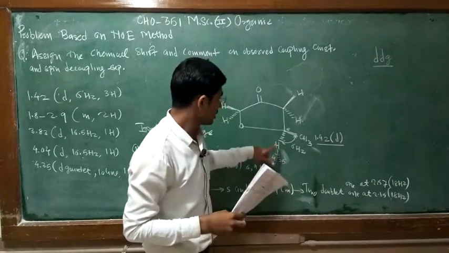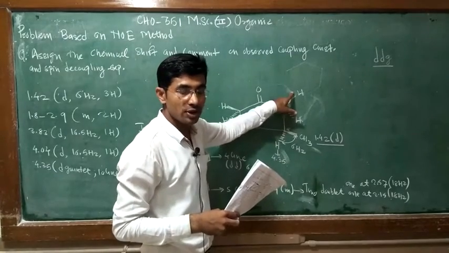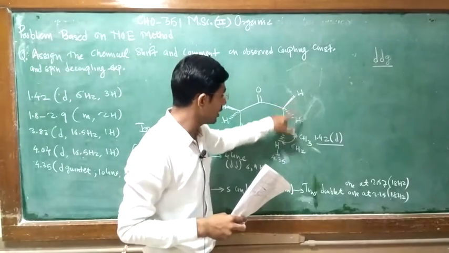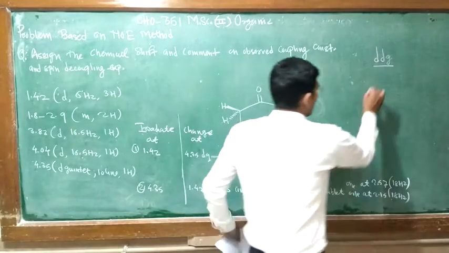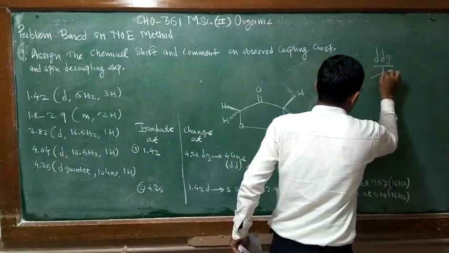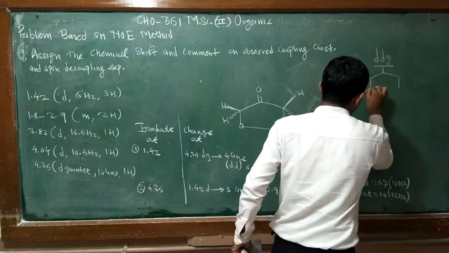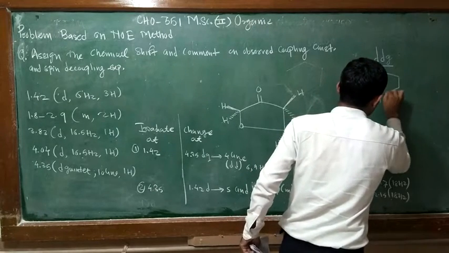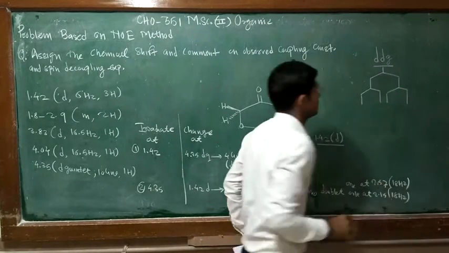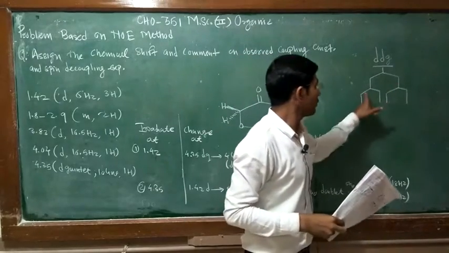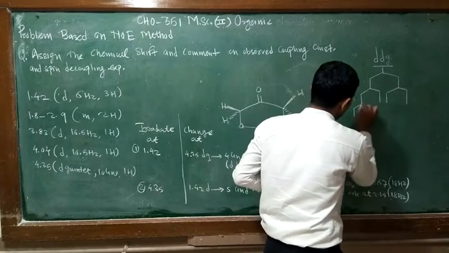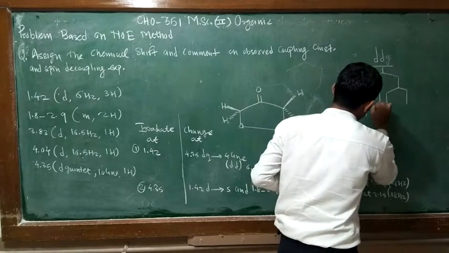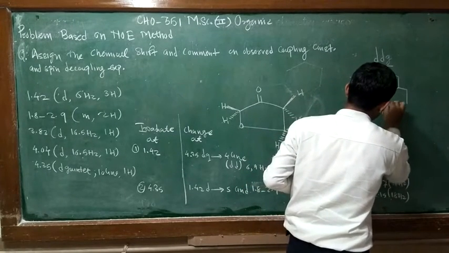How? Here this is coupled with this, and also with this. So a doublet and also a quartet. The doublet is further split into a doublet like this. The doublet is further split into a doublet again, and each doublet is further split into 3 lines like this quartet.